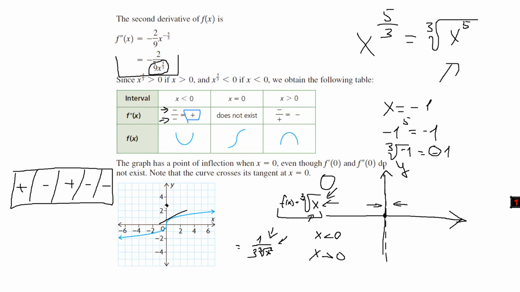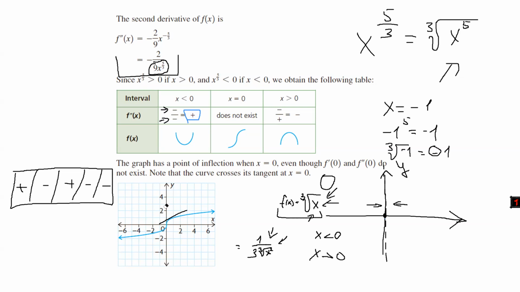I already got that: with the first derivative test, you're looking for zeros or for undefined points. Second, take those undefined points and use them in second derivative tests to see whether it's an inflection point or not.